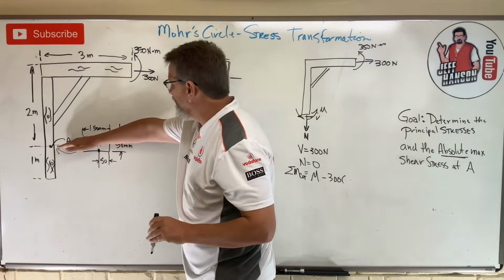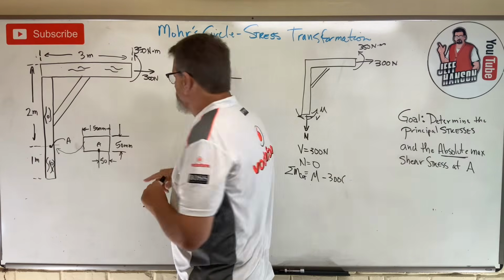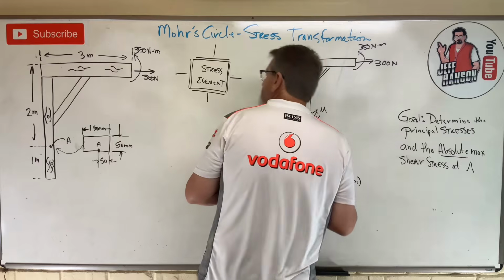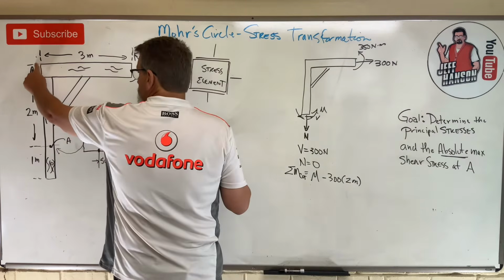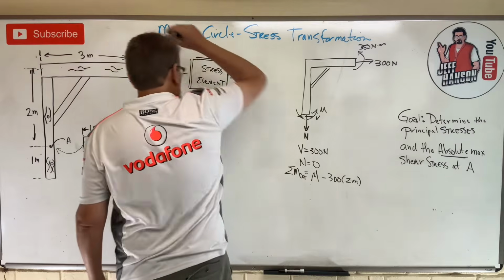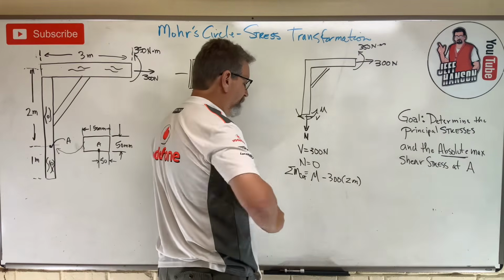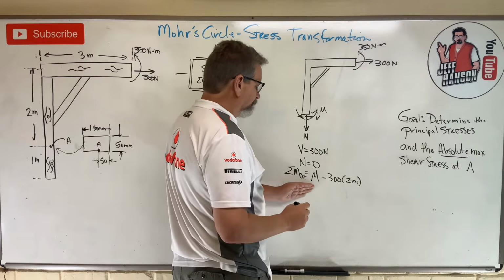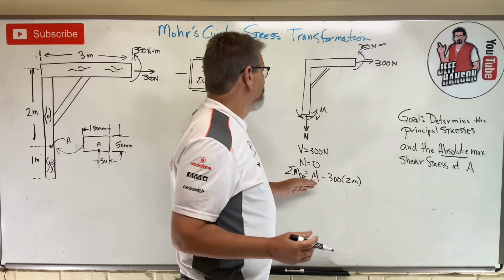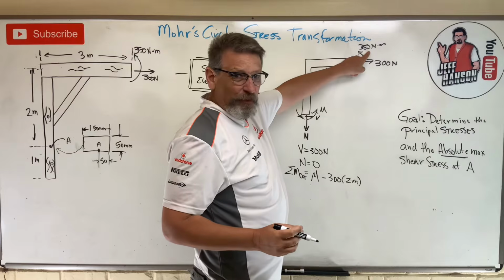From point A up to where the 300 is, 2 meters. And we assume that this really and truly goes to right here, so it's not half the width of that beam. We don't know what the width of that beam is. Okay? And then is there anybody else that's causing moment? Oh, look, there's a burrito force there, huh?